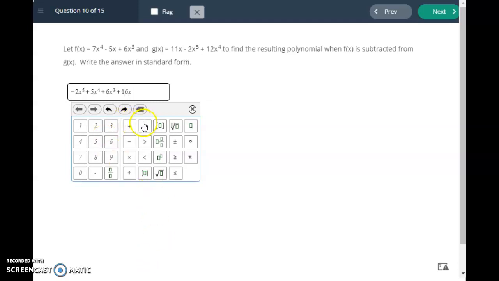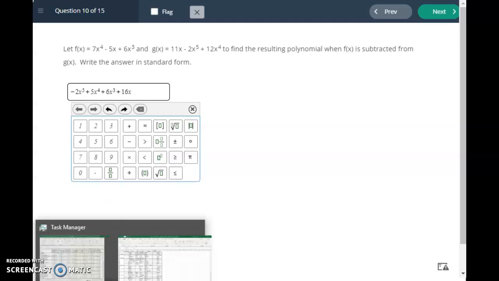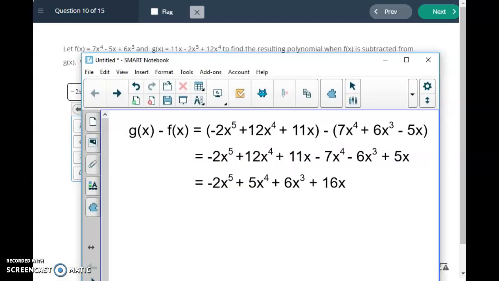This one, it's really important that you type out x, you don't hit the multiplication sign as your x. If you do, it will count it wrong. And let's just check. Yes. Okay.